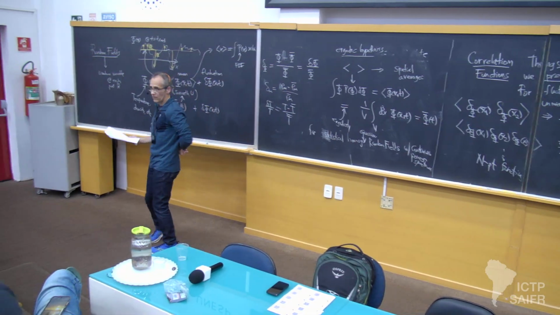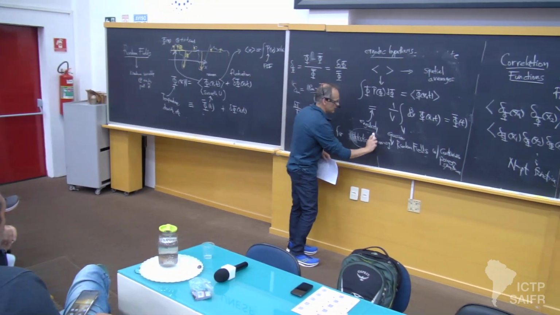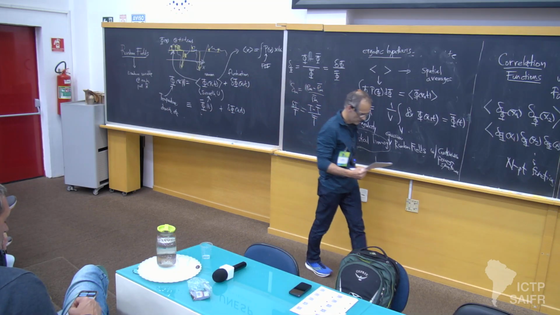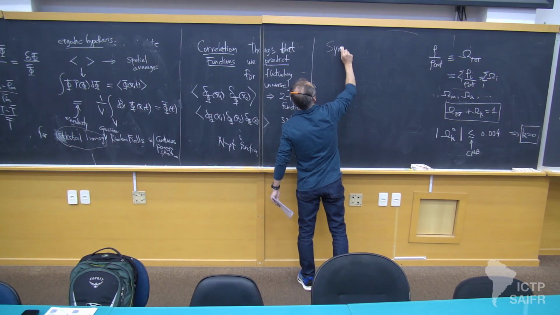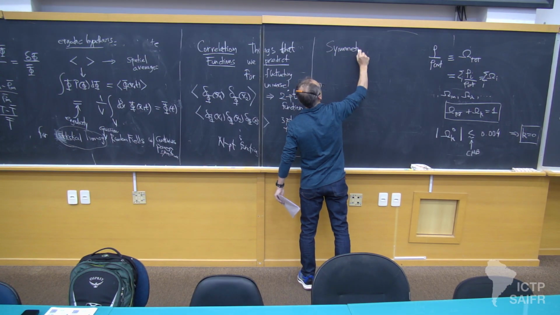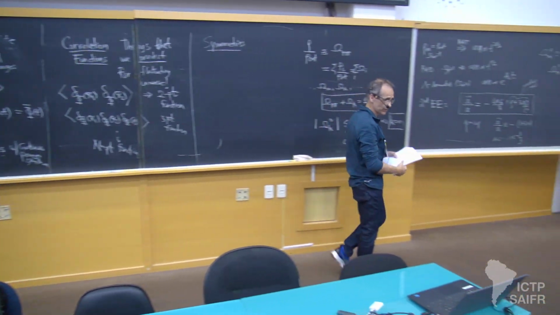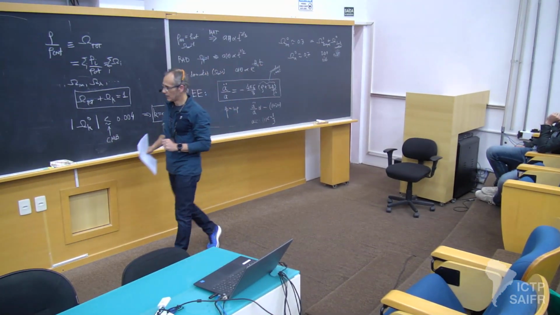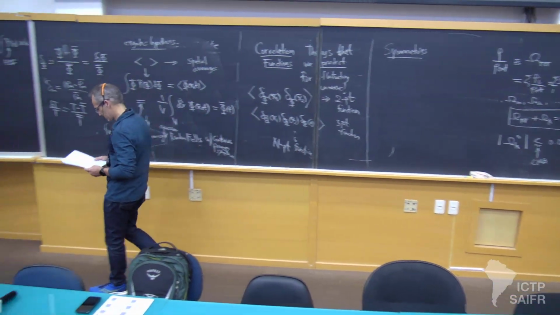So let me now start to get into some of these ideas that I owe you, okay? And for that, now let's discuss symmetries again. So we discussed symmetries for the smooth universe, homogeneity and isotropy. Now let's discuss the symmetries of the fluctuating universe.